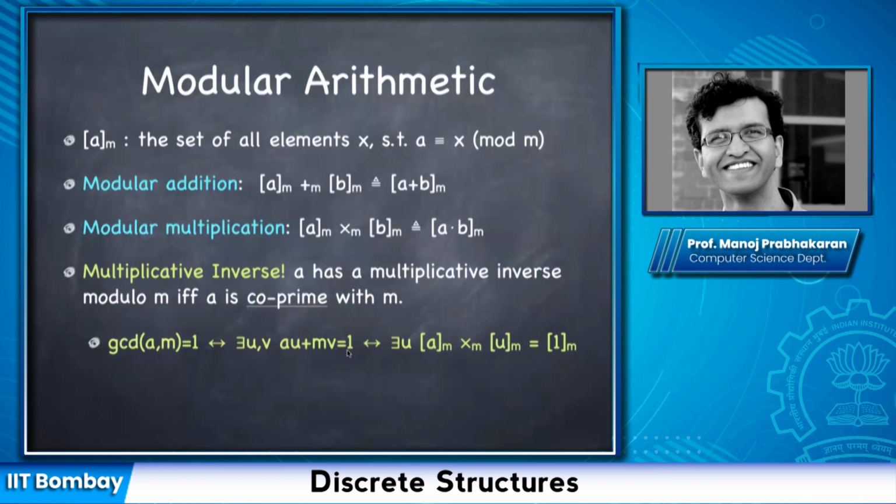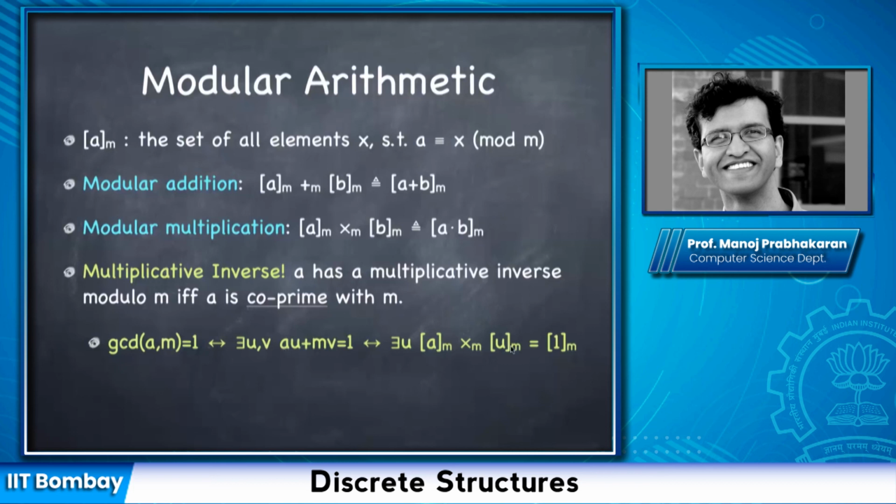So in this case, it has to be equal to 1 because 1 doesn't have any other divisors. So these two statements are equivalent, right? If there exist two integers u, v such that au plus mv equal to 1, then the GCD must divide 1, which means the GCD has to be equal to 1. And conversely, if GCD is 1, you can write 1 as au plus mv for some integers. So these two are equivalent, and I'm claiming that that's the same as this.